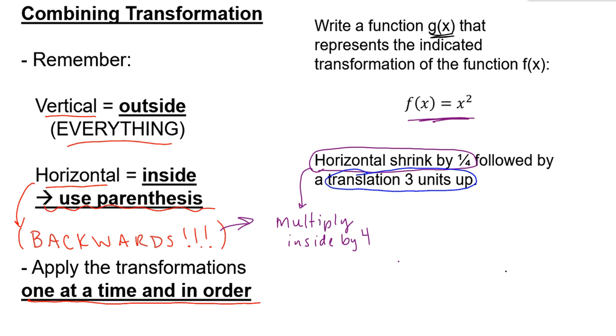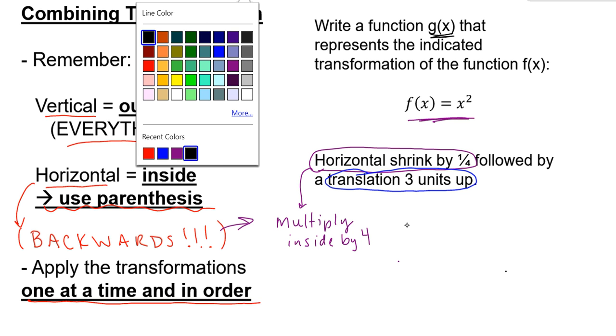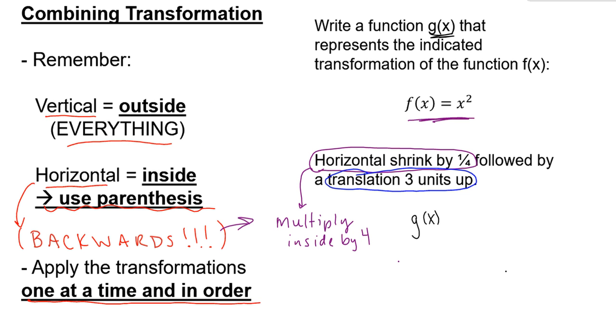So rewriting my function, I've got g of x equals x squared, but we've got to apply something to the inside. Now inside, with x squared, or with any of the power functions, you should use parentheses.